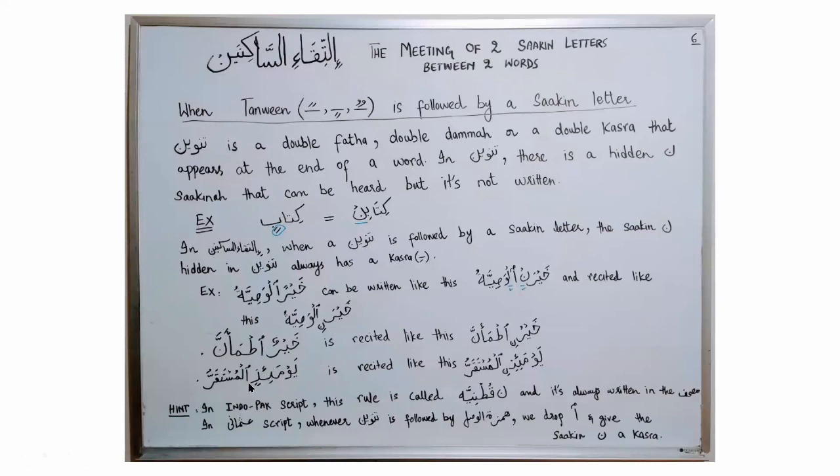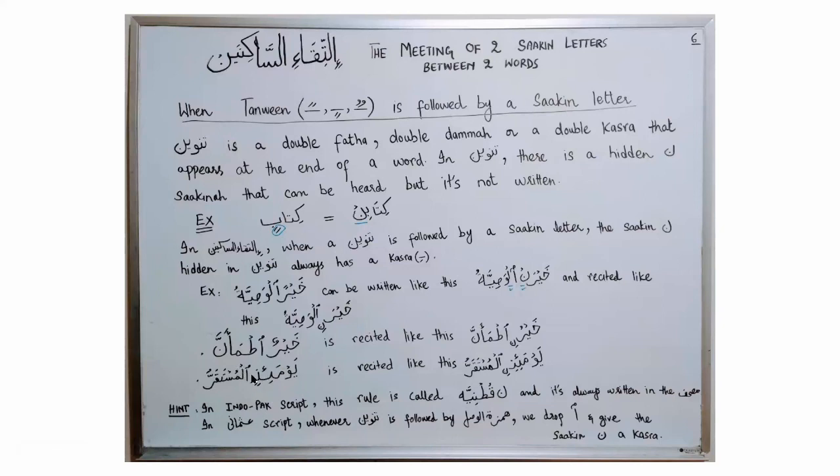So in this case, the hint for you is whenever there is tanween followed by Hamzatul Wasl, you will give the sakin noon hidden in tanween a kasra, and then you will join it with the next letter. As we have already discussed the rules of Hamzatul Wasl, so when Hamzatul Wasl is between two words, we drop Hamzatul Wasl and we don't pronounce it. And letter after Hamzatul Wasl is going to be a sakin letter.